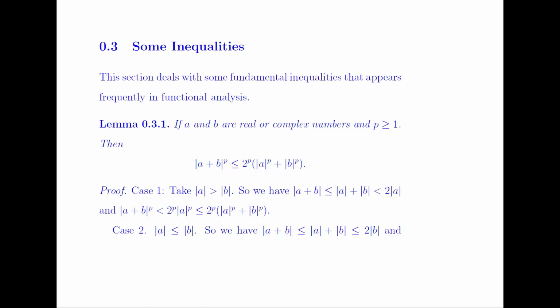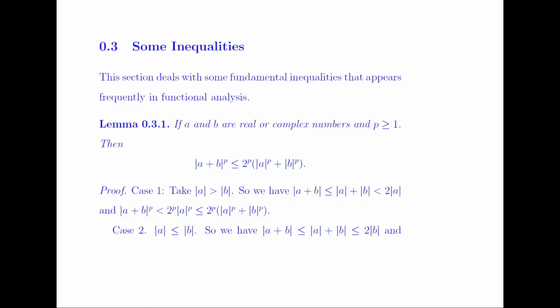Now we discuss the proof of this result. Say case number one is when the modulus of a is greater than or equal to the modulus of b. Using the triangle inequality, the modulus of a plus b is less than or equal to modulus of a plus modulus of b.